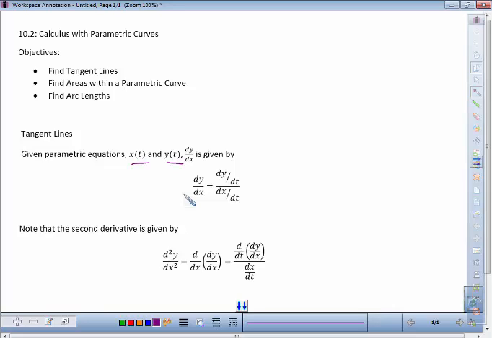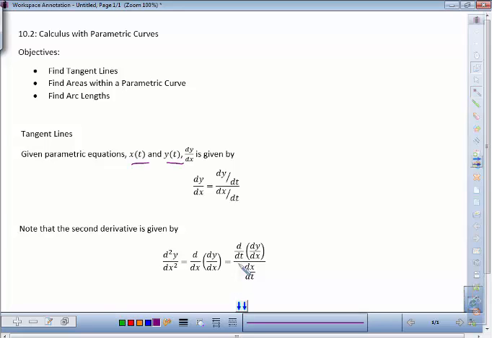The second degree or second order polynomial that's closest to the curve, and that uses your second derivative, so this is your second derivative. Now the second derivative isn't just the second derivative of y divided by the second derivative of x with respect to t, because that is with respect to t. So you want the second derivative with respect to x, and that is going to be a little bit different.